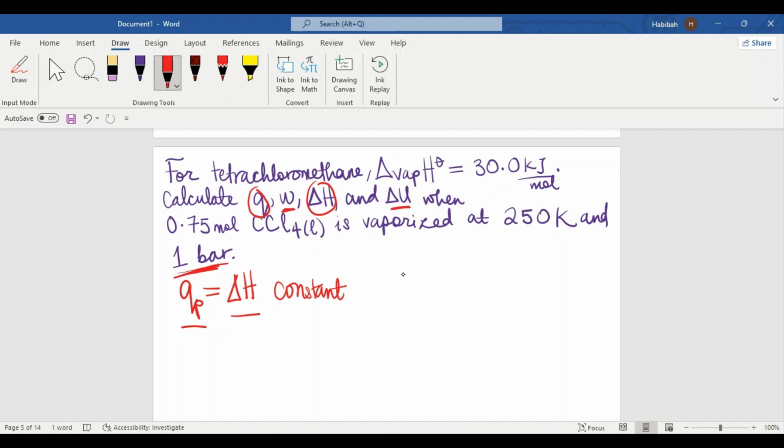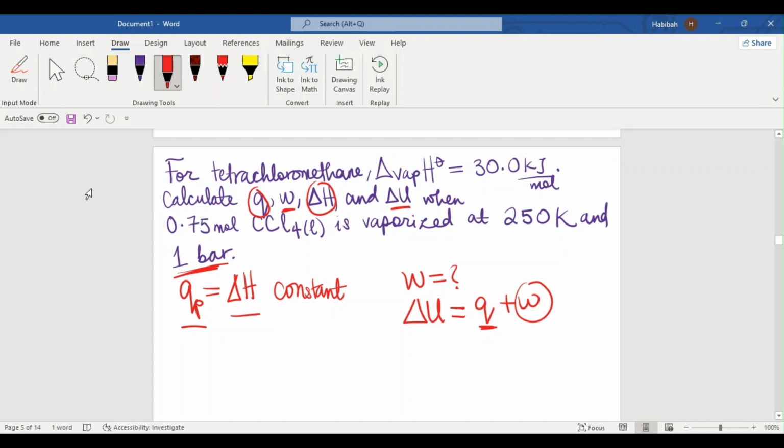By the time we determine the value for work, all we have to do is remember that the change in internal energy is just Q plus W. So whatever the value for W is will be added to whatever we've solved for heat, and we will get the answer. This question should not scare anybody because it's very fundamental, and remembering the formulas that we've been using since we started this topic in physical chemistry is going to be the same thing you're going to be doing.